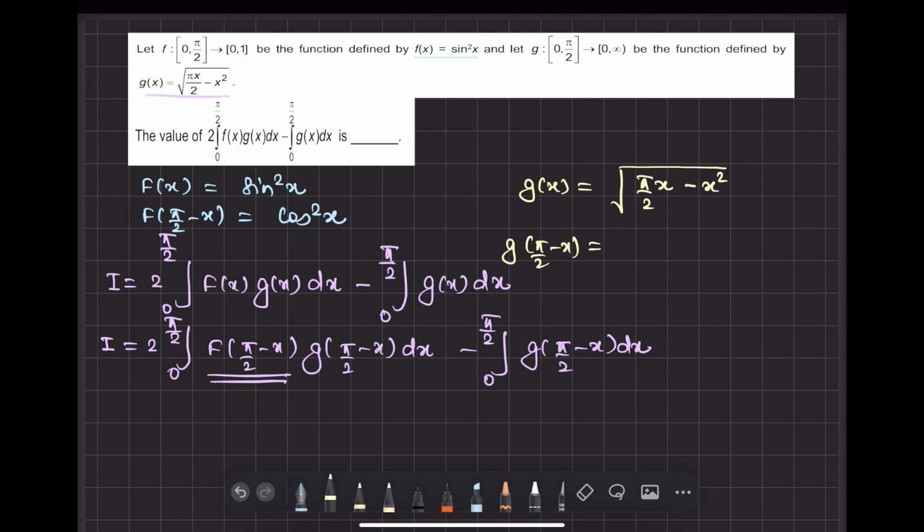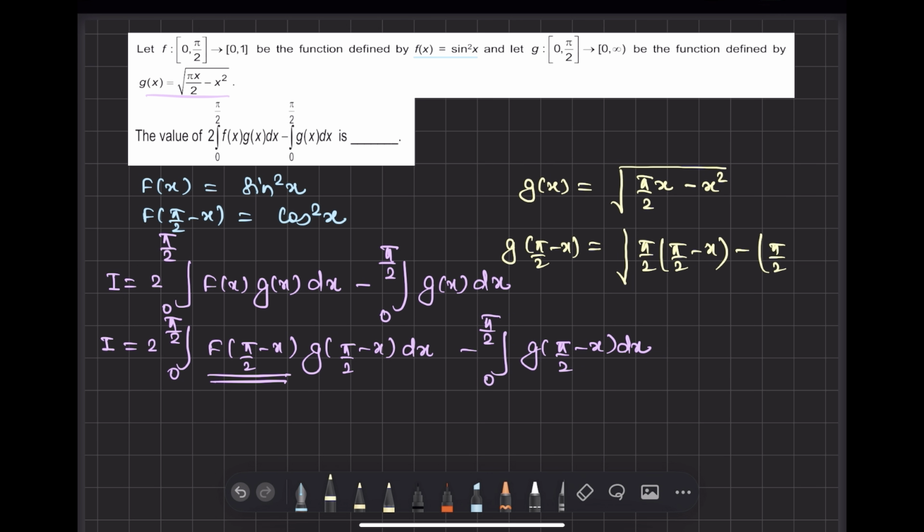So look at here what will happen. We can write pi by 2 into pi by 2 minus x, minus pi by 2 minus x whole square. Don't feel irritated, just be super slow.